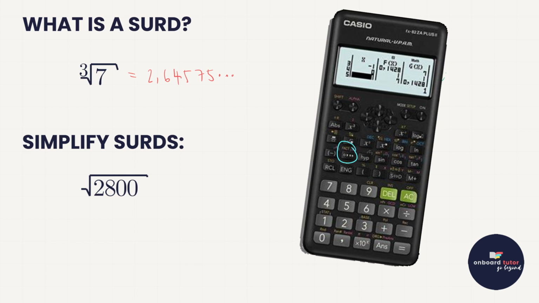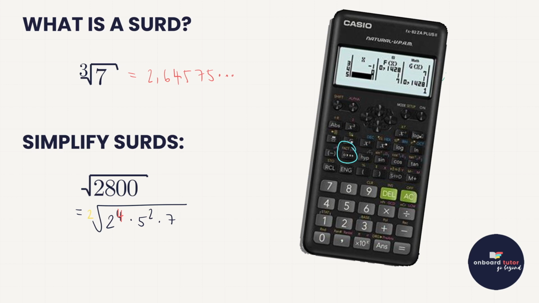So if I type all of that into my calculator, I will get the following. 2 to the power of 4 times 5 squared times 7 is all inside of a square root. And now it is easy to simplify this, because what I can do is I can take this inside power here and divide it by the outside square root.